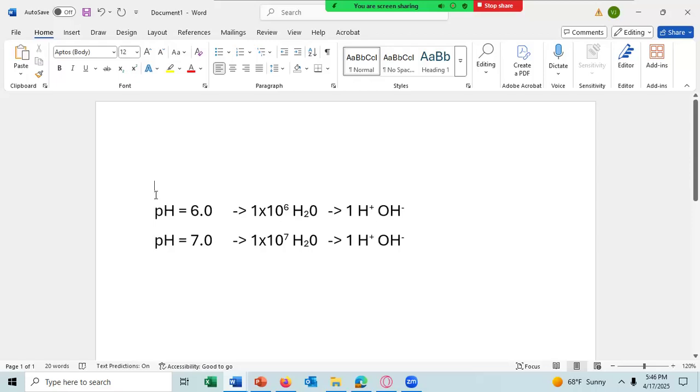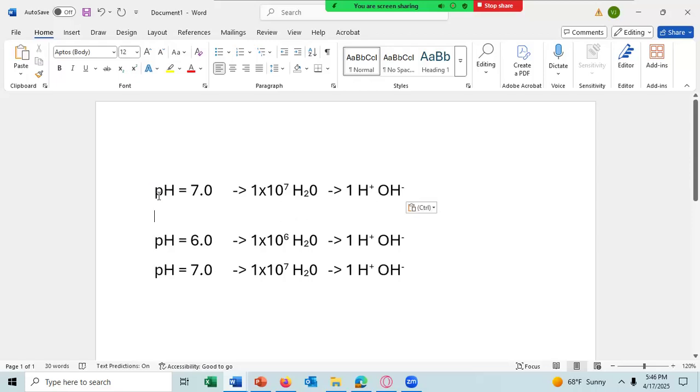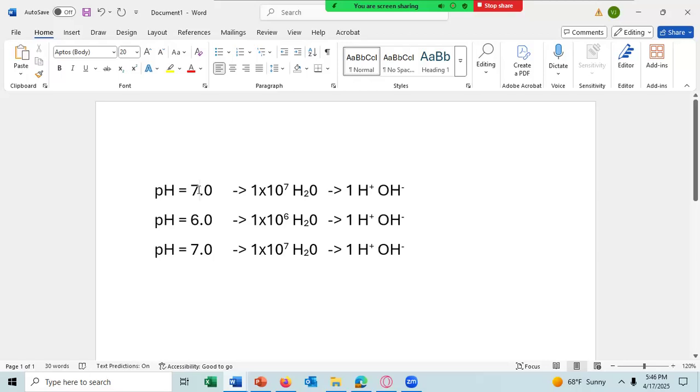And for pH equal to 5, same thing. You have one H plus ion in solution for 1 times 10 to the 5th water molecules. Any question about that?